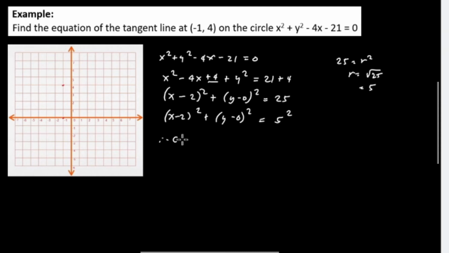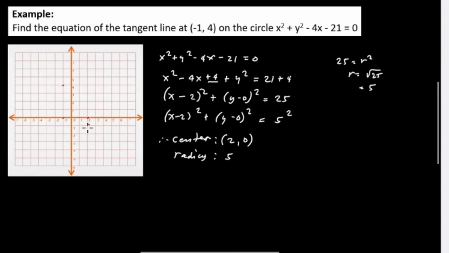Therefore, the center is at, change the sign from negative 2 to positive 2, comma, 0. And the radius is equal to 5. So the center is (2, 0).